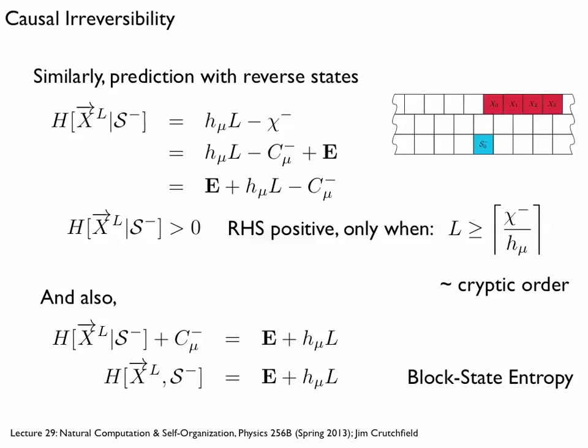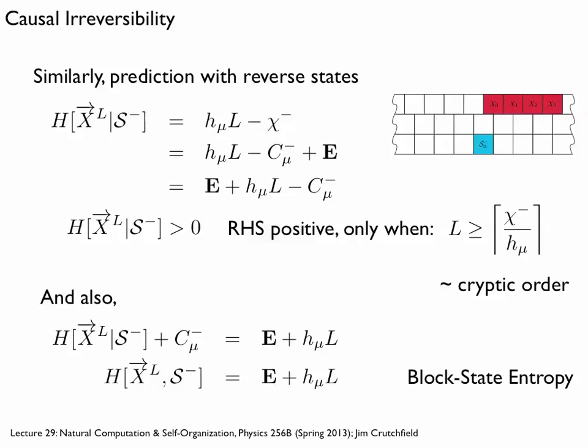The same sort of comments, maybe no surprise, apply going in the reverse direction. I won't go through the whole argument here. So now we're trying to use the reverse causal states to predict the futures that led to them. There's some ambiguity in the stochastic process about what particular sequences would lead to a reverse causal state.